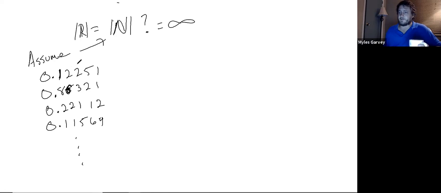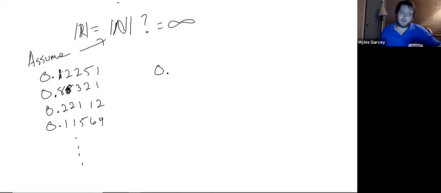So what we're going to do is construct a new number, and we're going to put in its decimal place a digit that's different than the digit in the decimal place we're on for that particular count. So we're going to go decimal place by decimal place.